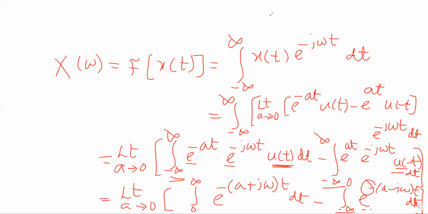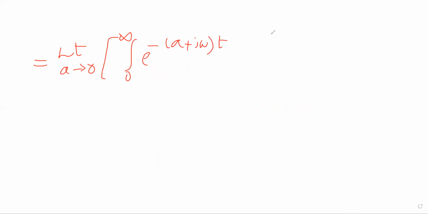So by doing so, in the next line, we can write this as equal to limit a tends to 0. The first integration would be the integral from 0 to infinity of e to the power minus a plus j omega t dt, and for the second one, we change the limit to 0 to infinity.